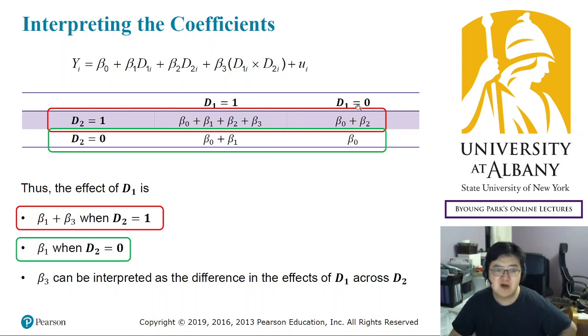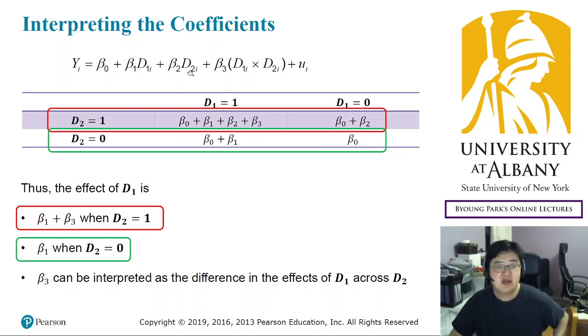But now consider D1 is 0, but D2 is 1. Then because D1 is 0, D1 times D2 is also 0. So we only have beta 0 plus beta 2. So that's our prediction.